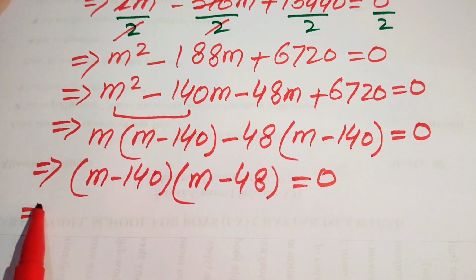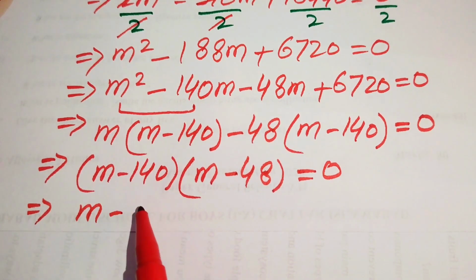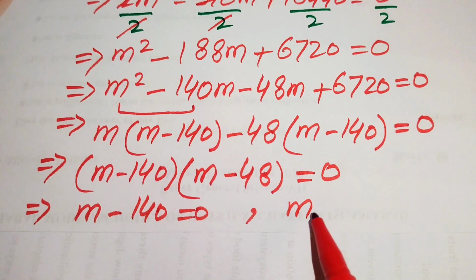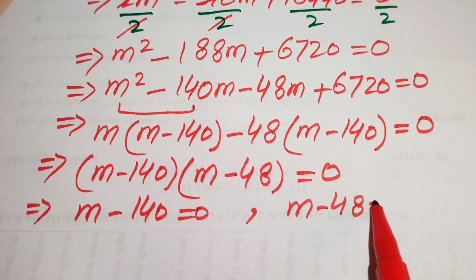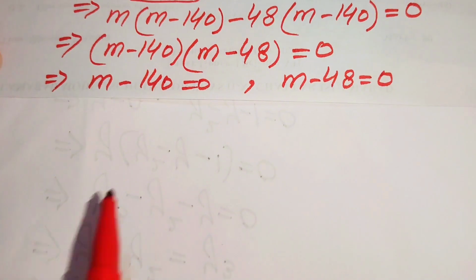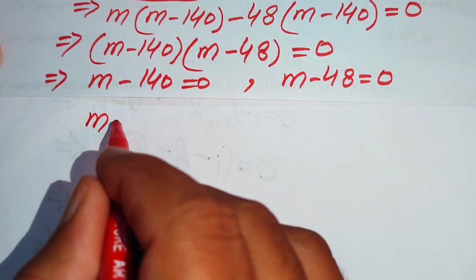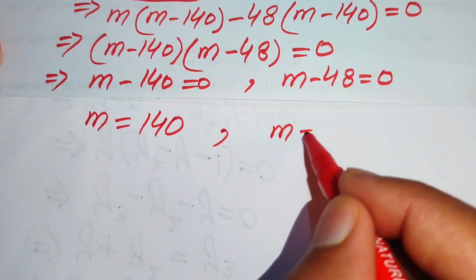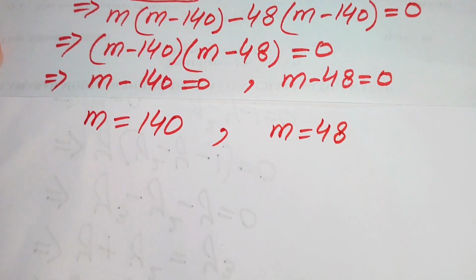So here we have two cases. The first case is m minus 140 equals 0, and the second case is m minus 48 equals 0. So in the first case we easily get the value of m is equal to 140, and in the second case we get the value of m is equal to 48.